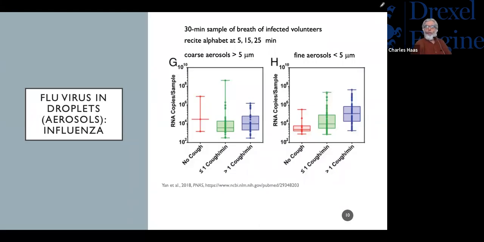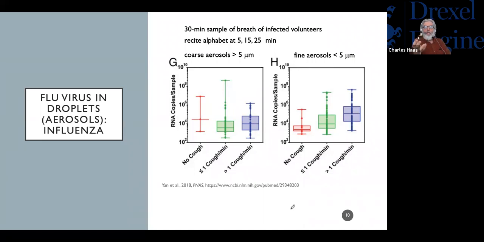Now, this was an intriguing study done on volunteers who were infected with influenza. They were asked to recite the alphabet at 5 minutes, 15 minutes, and 25 minutes.